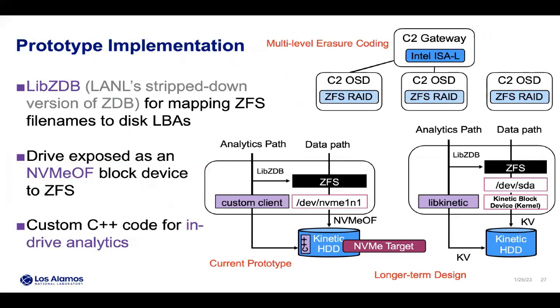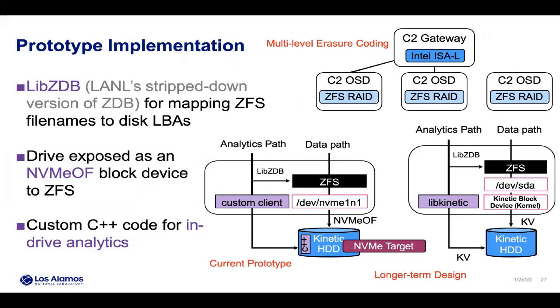So we've worked on a prototype implementation using Seagate's Kinetic platform, which is a hard drive with an Envoy card attached to it. Our current prototype exposes the drives as NVMe over Fabric devices, but longer term, we'd like to leverage the Kinetic's key value interface. This is very, very prototypey because what we're doing is violating file system layers.